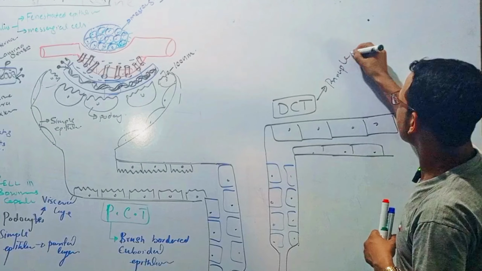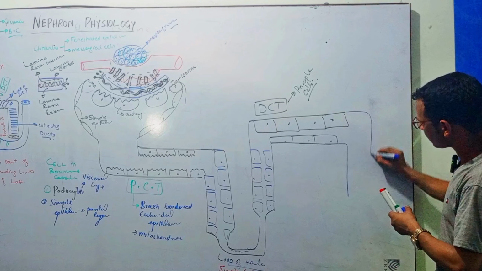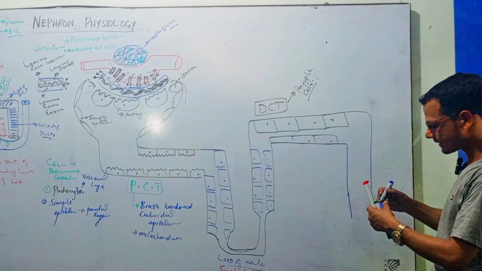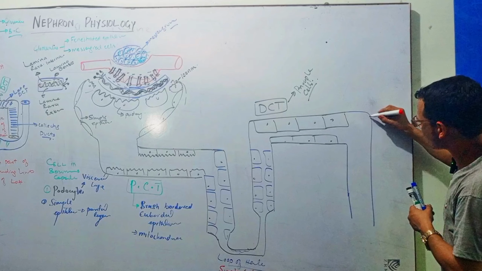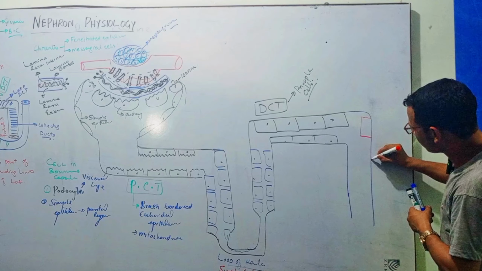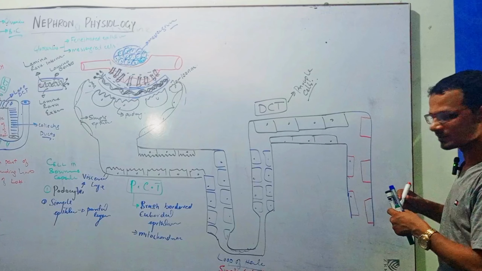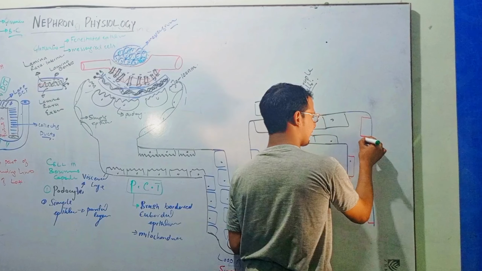And in last we have collecting duct, and in collecting duct we have this type of arrangement. These red cells are principal cells, right? For example, this is principal cell, and these green cells are called intercalated cells.